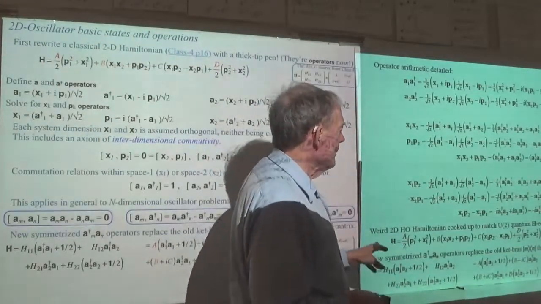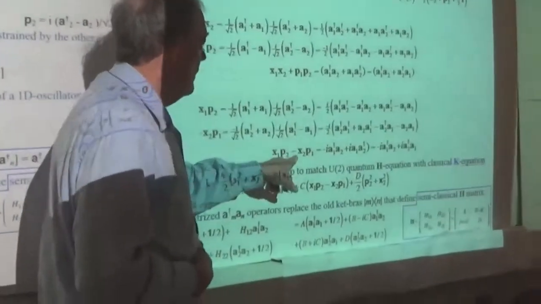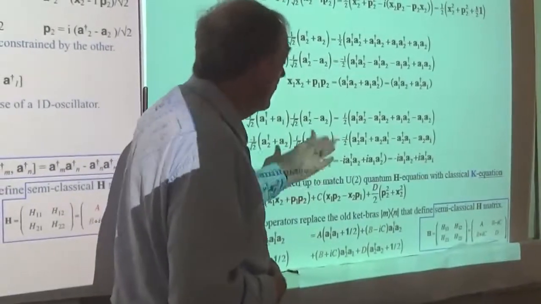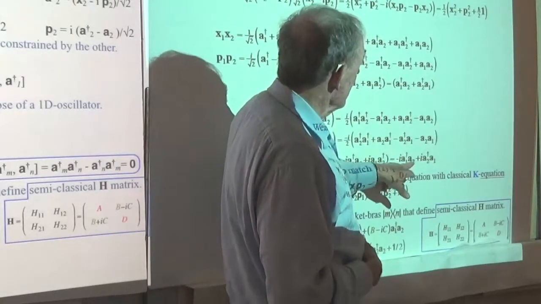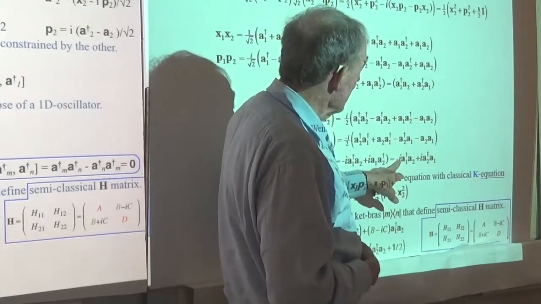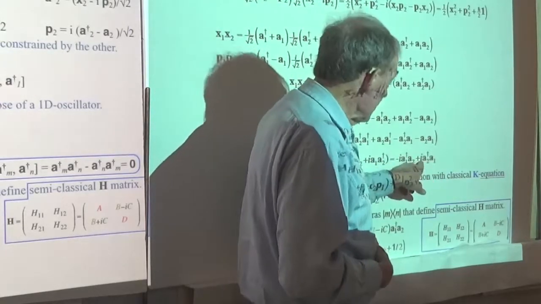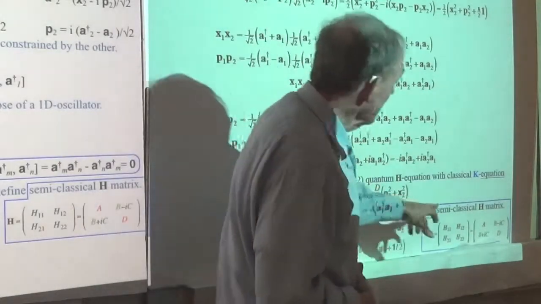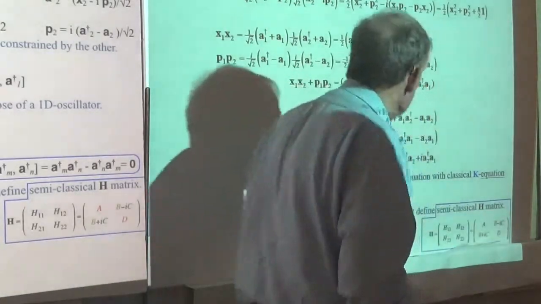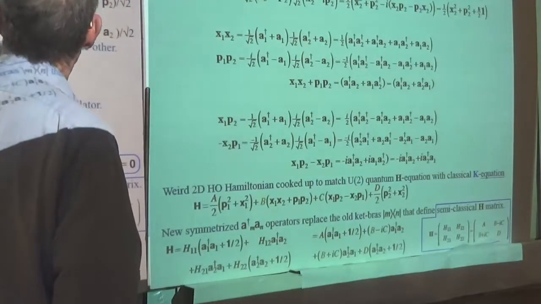So you'll see that, for example, x1, p2, this is the hardest one, minus x2, p1 comes out to be, well, there's one A dagger 1 A2 term with a minus sign on it, and there's another one, A2 dagger A1 with a plus sign on it. And the minus sign is taking care of the B minus IC that's right here.